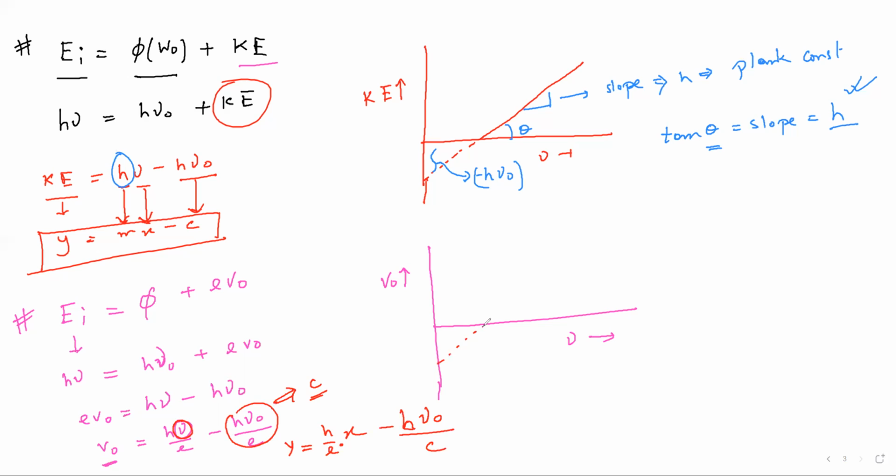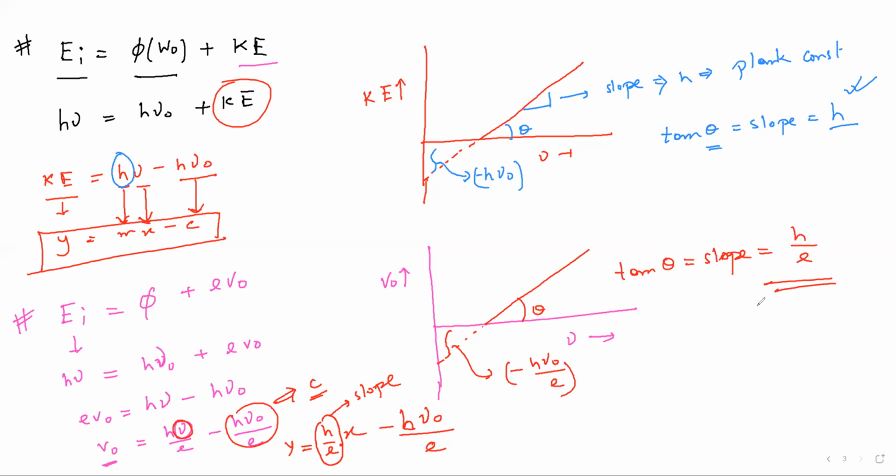Now if you draw a straight line, this is a negative intercept, h nu naught by e. And if this angle is theta, tan theta equals the slope. And what is the value of the slope? The slope is h by e. Any doubt regarding this part?